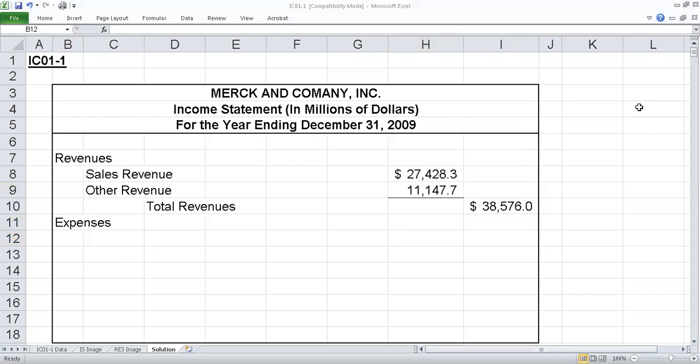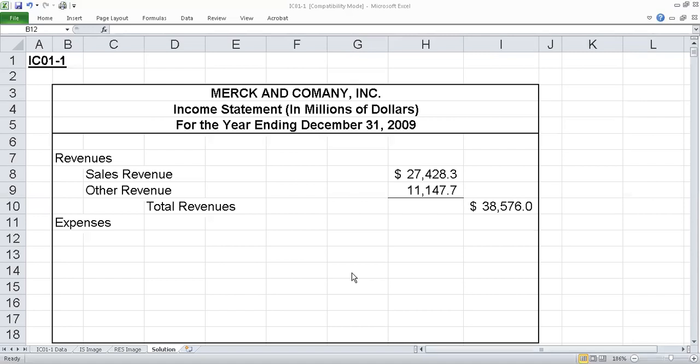There's a question about what other revenues come from. It's probably revenue that's not related to operating activities. So maybe Merck had some investment revenue, or perhaps they had some licensing revenue. It's probably revenue from a non-operating source. That's maybe not going to make a whole lot of sense right now, but when we get into chapter 5 and we make some changes to the income statement, we're going to see that the income statement will have things in addition to operating activities.